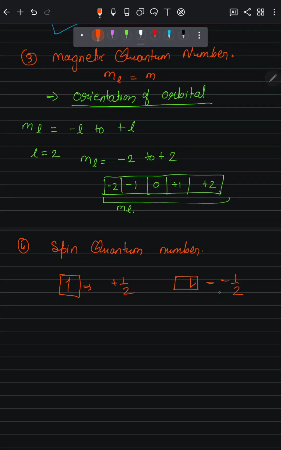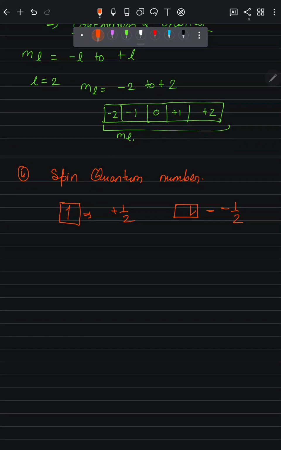These are the values of S, and the spin quantum number is represented by S.